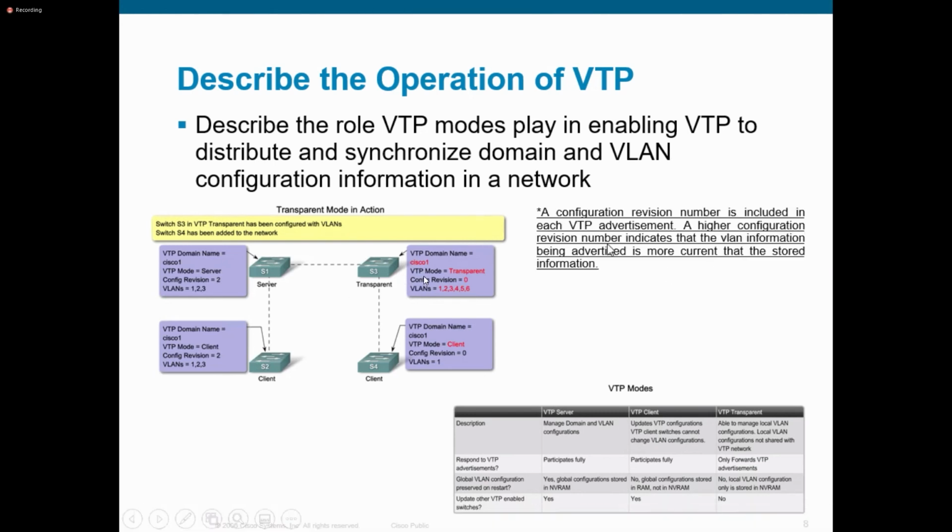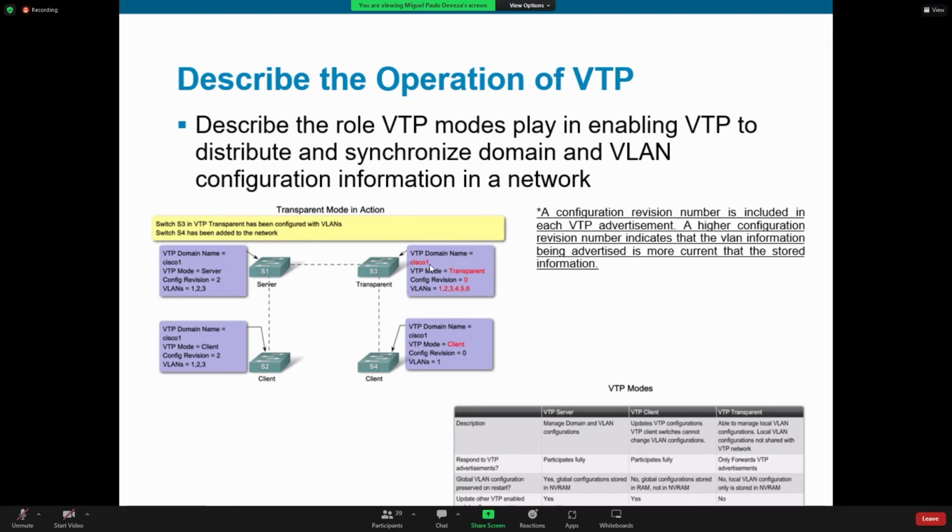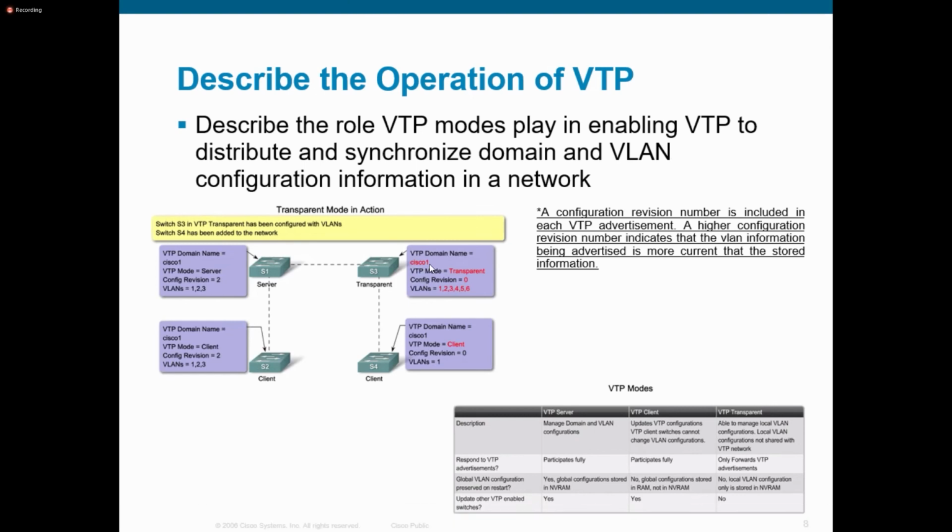In each VTP advertisement, a revision number is always included. The higher the configuration revision number, the more current or updated the advertised VLAN information is compared to what is stored.